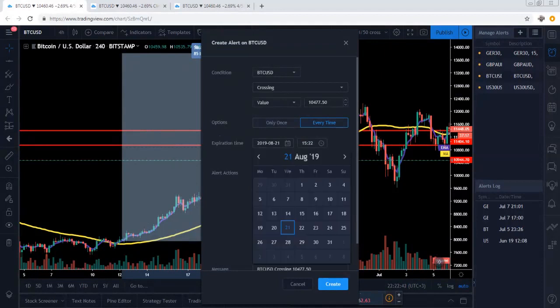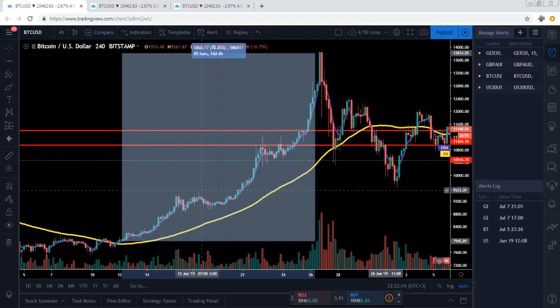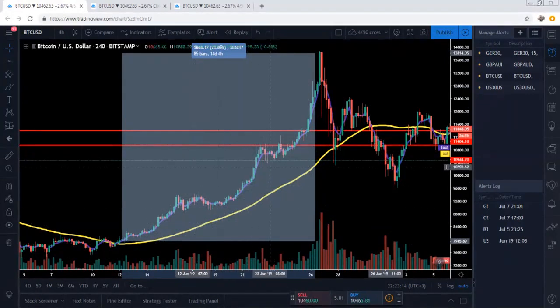And you can go here to the calendar and go as far out as you can. So I can set this alarm to alarm me on the 450 crossing all the way up to September 19th. And then on September 19th, I've got to come in and do it again, and it'll probably push it out another month. So every time it crosses on that time frame, it's going to go off. And all you do is put on a trailing stop and let it trail up.